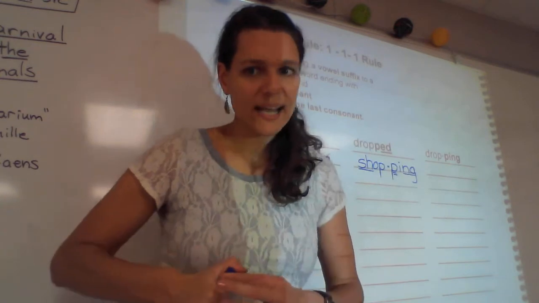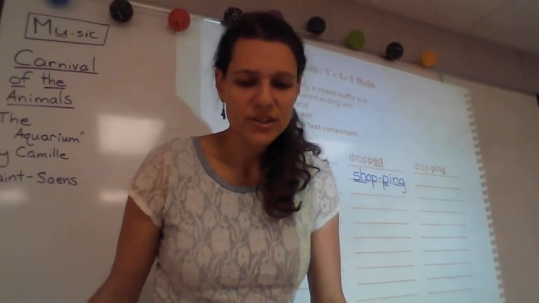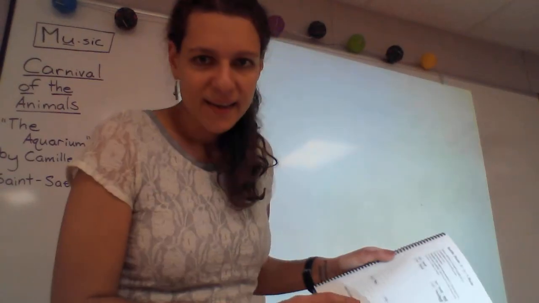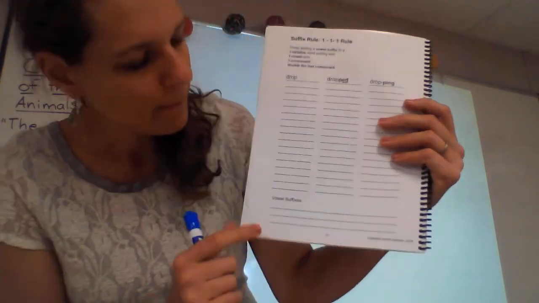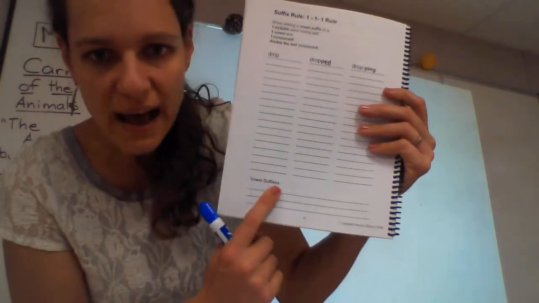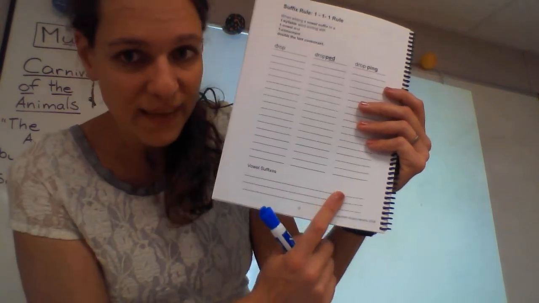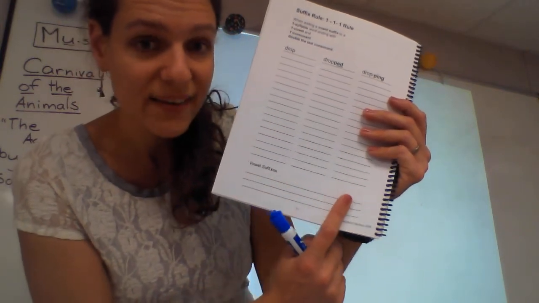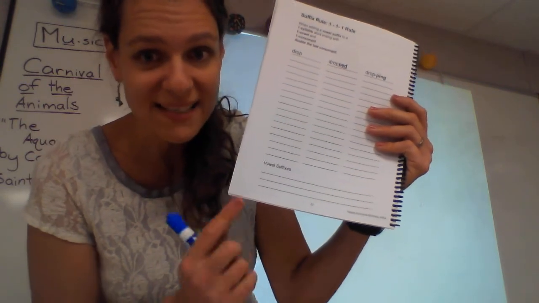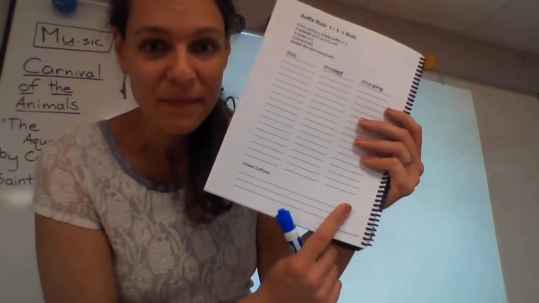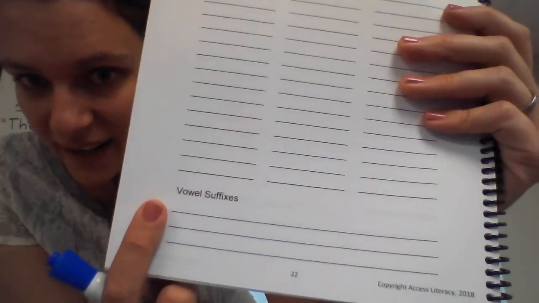All right, I'm going to take us to one more page. All right, actually, before we leave, page 22, down here at the bottom where it says vowel suffixes, if you don't have the vowel suffixes ing and ed, d, t, past tense ending written in yet, go ahead and write them down there at the bottom.